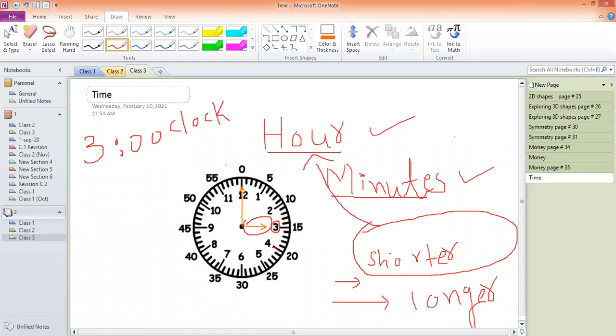The longer hand is at 12. So at 12, the minutes are 0. As you move from 0 to the right side, there will be some minutes: up to 1 it will be 5 minutes, up to 2 it will be 10, up to 3 it will be 15 minutes. But you see that there are 0 minutes. So you will say, sir, it is 3 o'clock.